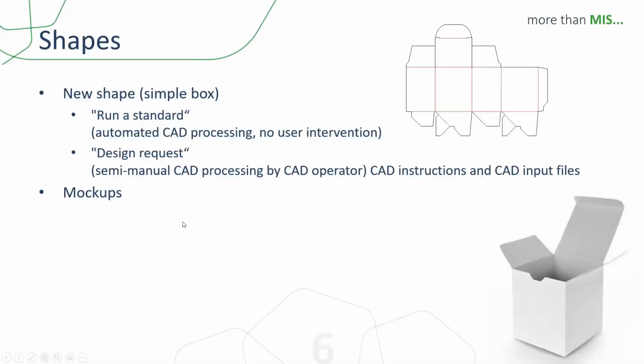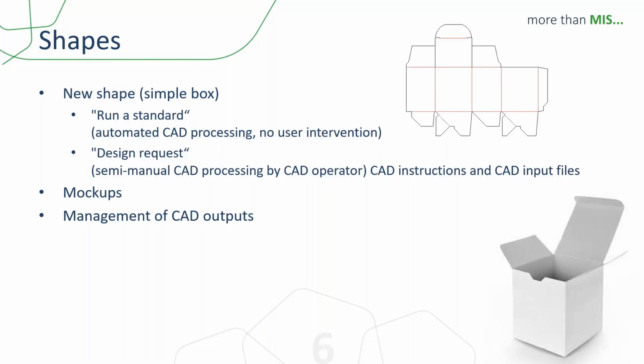I will minimize this one. So after the mockup has been requested, we have also the management of the cut outputs. I will explain you in the demo that the cut outputs is a configuration of all the types of files that you can retrieve from your cut system.